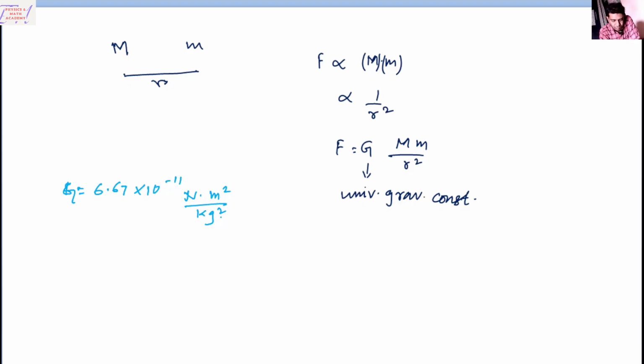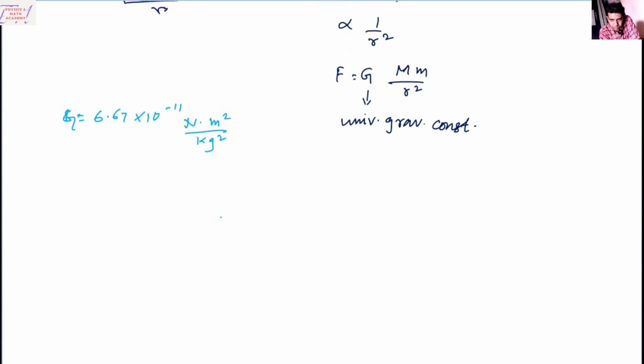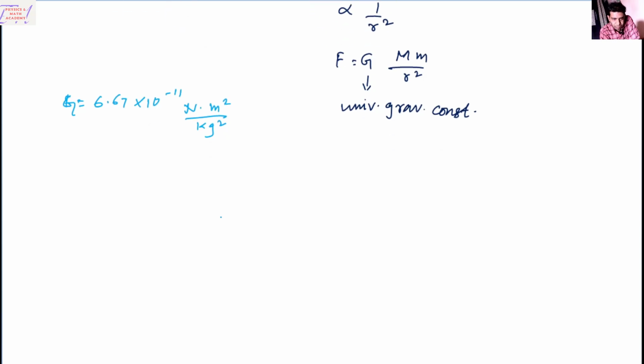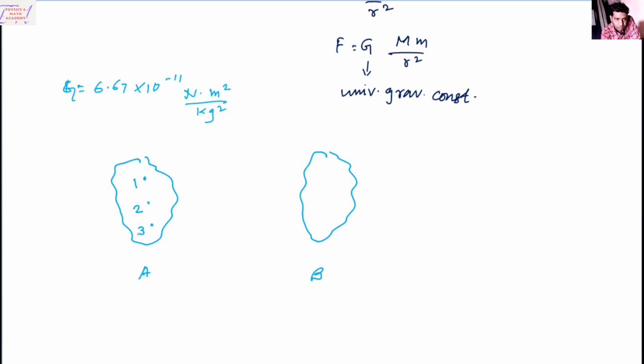Now let's take an example to see the things in a proper manner. Let's assume two bodies, body A and body B, and take 3 points in each body, particles 1, 2, and 3.